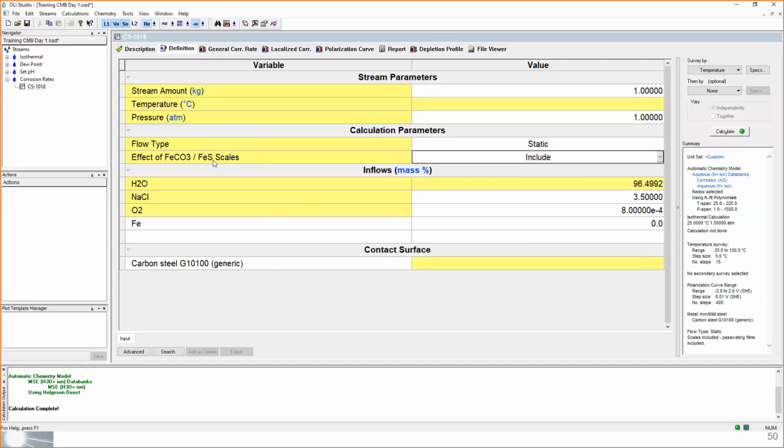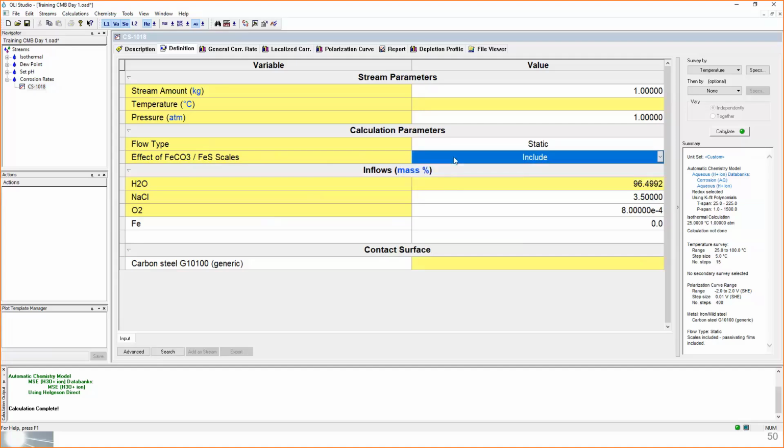Okay, and we know that when we have some concentration of CO2 and H2S, there is a concentration limit at which these scales will be protective to the metal. So if you don't want to include the effect of these scales, then you'll have the option to exclude the effect of those scales.